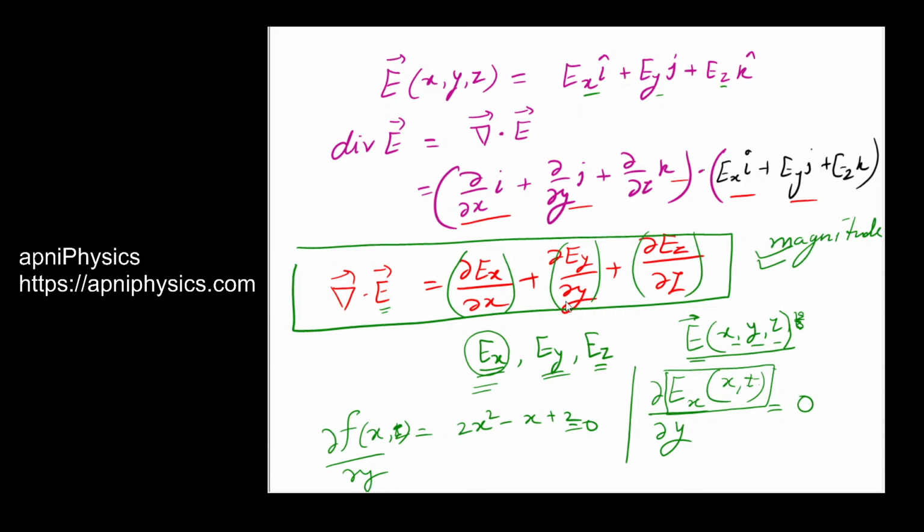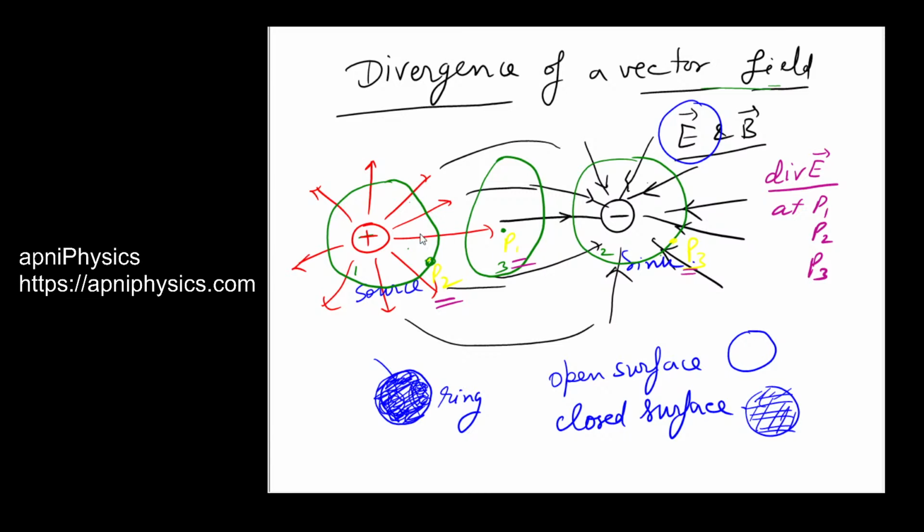At x, at y, or at z, or at x, y, z, at any point. So suppose you have to find out the electric field at this particular point. What will you do at this point? You will take the divergence of it. Anywhere you want to find out the electric field, at that time you have to take the divergence.